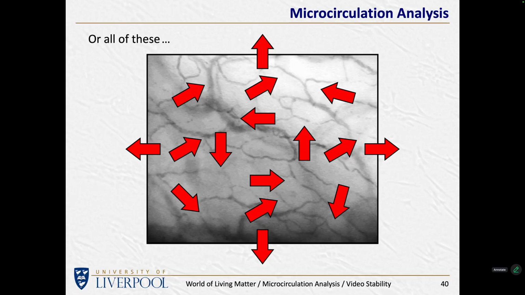So again, your human eye can pick out the motion and you can say, yeah, I can see those blood cells are moving relative to the network. But to get a computer to do it quantitatively, well, that took a huge amount of effort. Not only have you got all of those motions, you've got the fact that the patient may be on a ventilator, the patient will have a heartbeat, which again makes everything change.